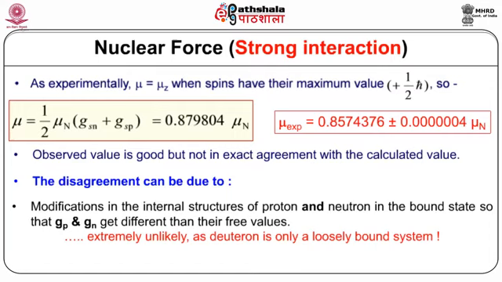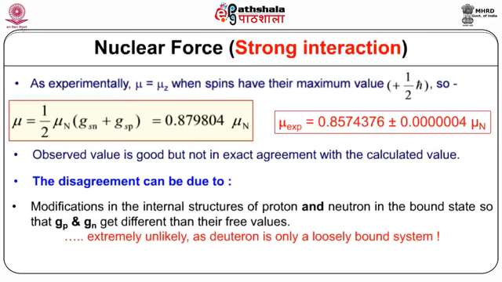One important point in the disagreement can be that the g_p and g_n we used in calculating mu are different from their free values, because in the calculation we have used their free values, which are the maximum ones, but when the nucleons are in the nuclear environment, they are not free, and so the g_n and g_s values will be different from their free values.